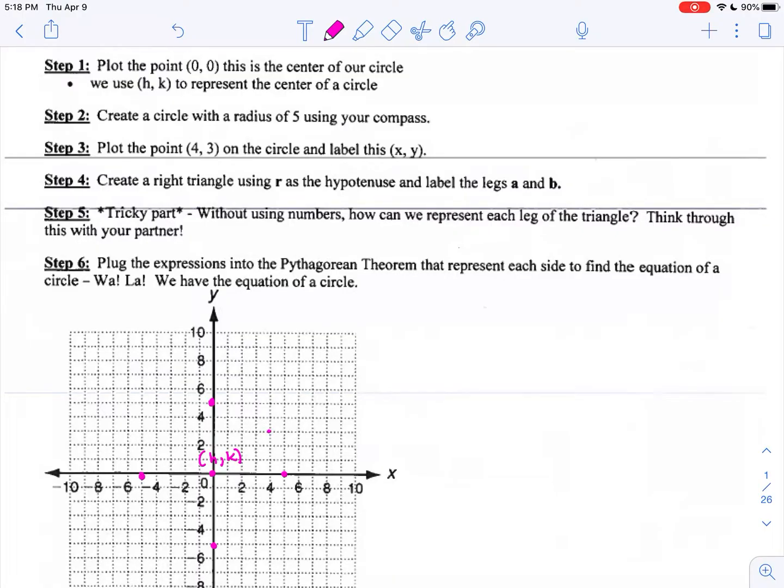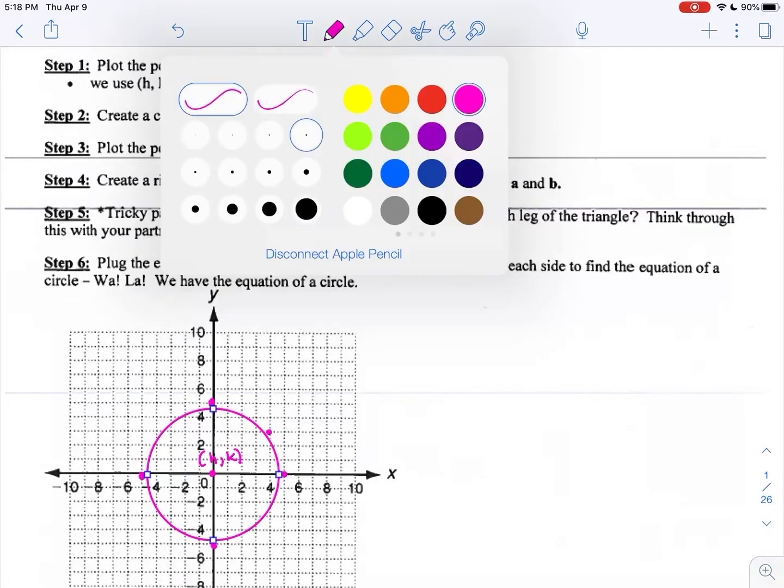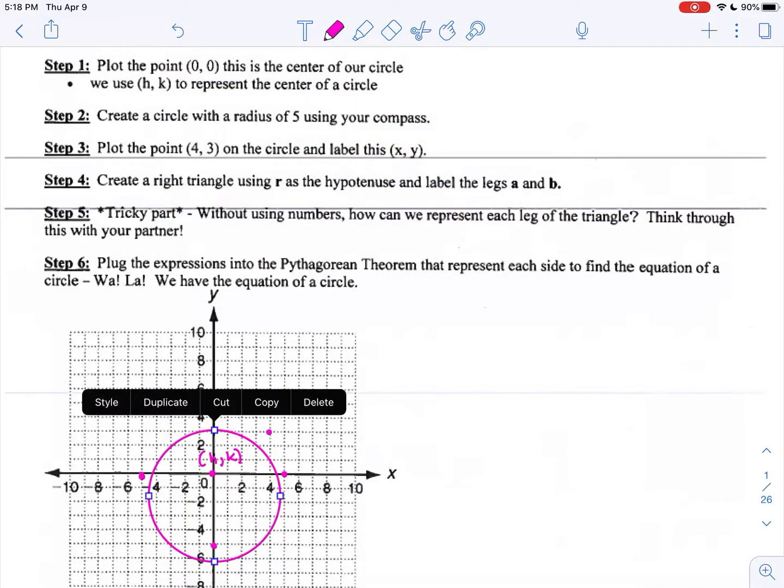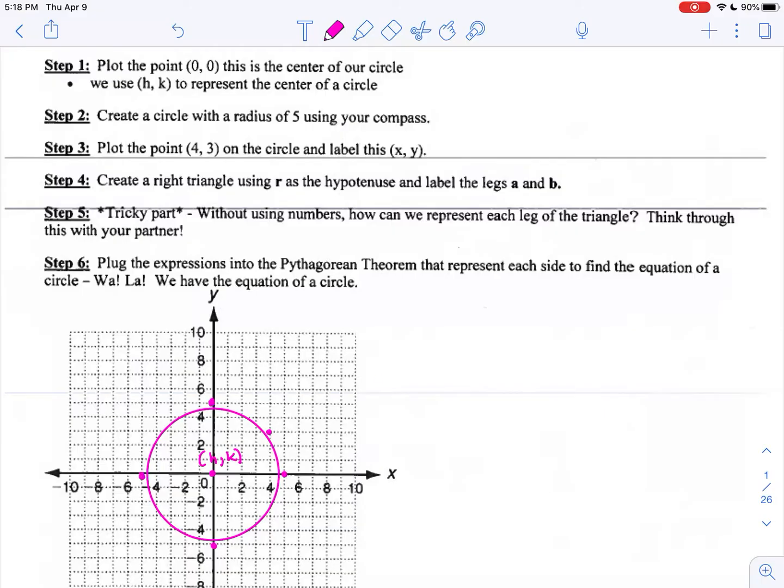Looking ahead at step 3, it also asked that we plot 4, 3, and that was a point on the circle. So we're going to sketch a circle that goes through those points as best as we can without a compass. And then we'll label that point 4, 3.